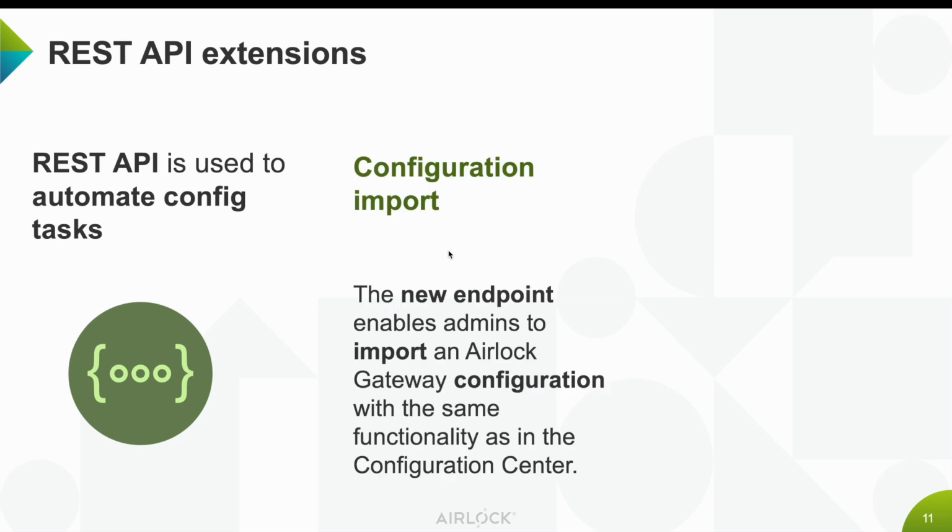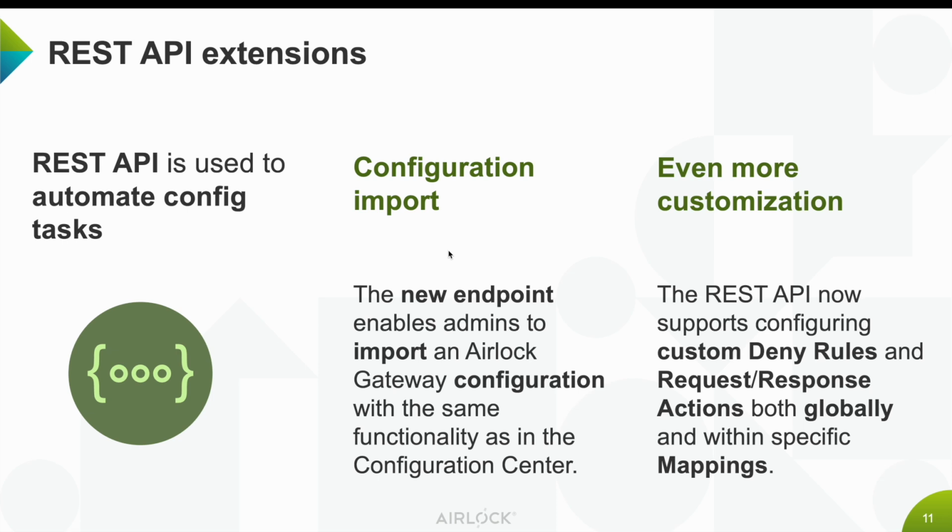A new REST API endpoint allows to import an Airlock Gateway configuration with the same functionality available as in the configuration center. Additional REST API endpoints have been created to configure custom deny rules and request and response actions globally or within a specific mapping.